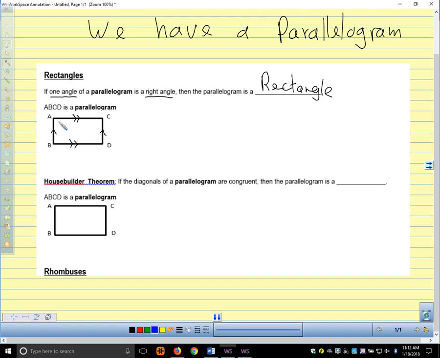I'll mark angle A. So we could say if angle A is right, it's a rectangle. And it could be any of those angles. So if we have a parallelogram with one right angle, then it's a rectangle.